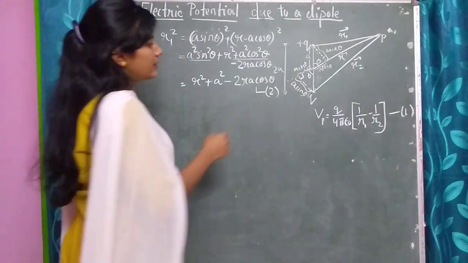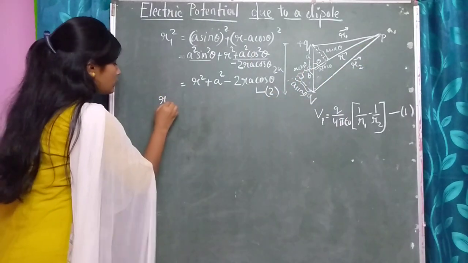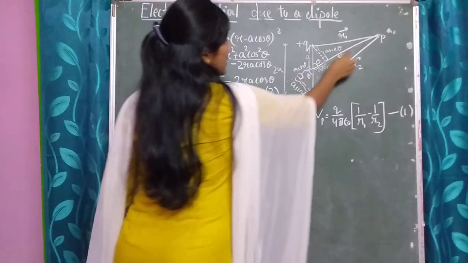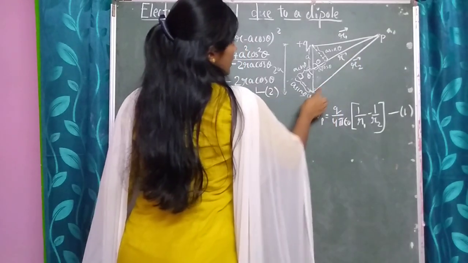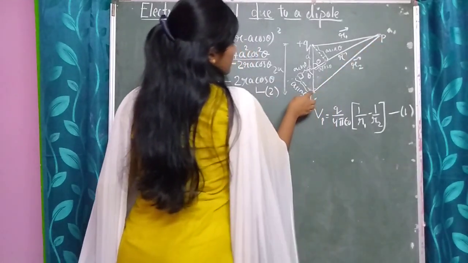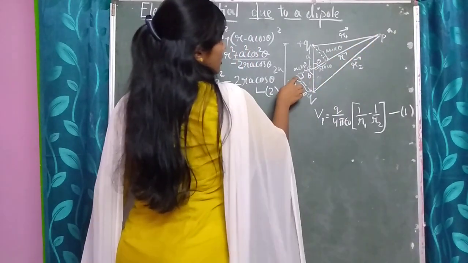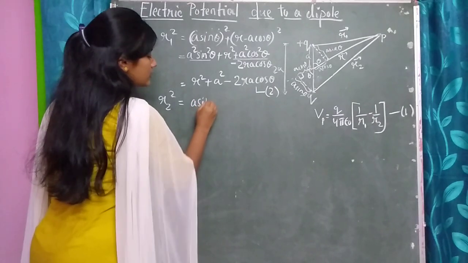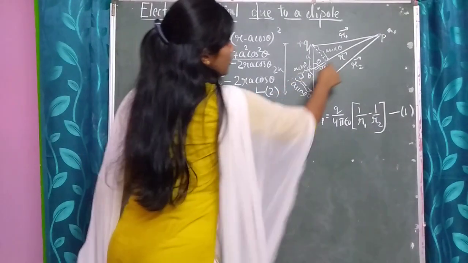Similarly, let us find out this R2. So R2 square will be, see, in this right angle triangle, R2 square will be this perpendicular square plus this base square. So perpendicular is a sin theta whole square plus, what will be the value for base?